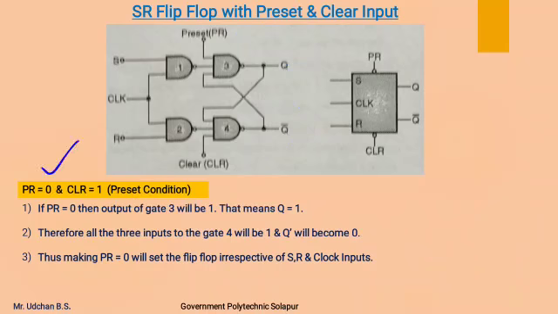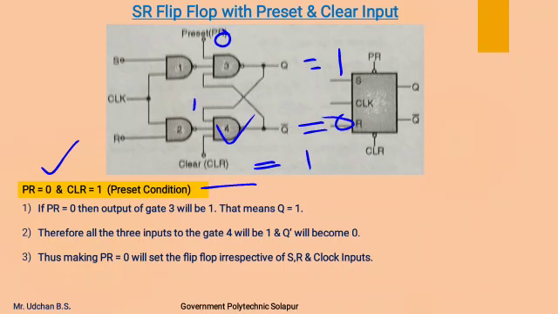Now we will see the next case, in which preset input is 0 and clear input is 1, which is called the preset condition. As the preset input is 0, Q will become 1. Now clear is 1 and Q is also 1, so all three inputs to gate 4 will be 1 and Q complement becomes 0.